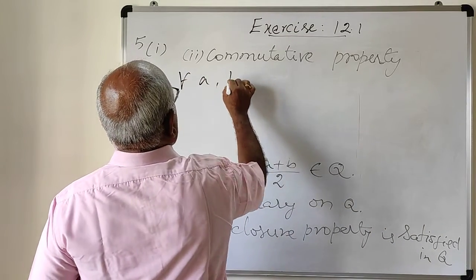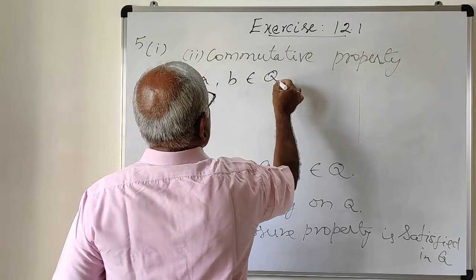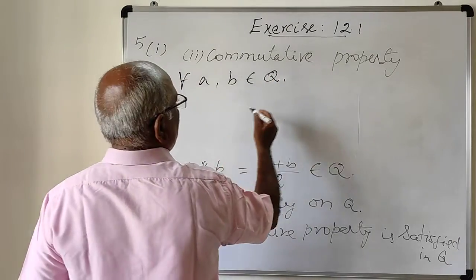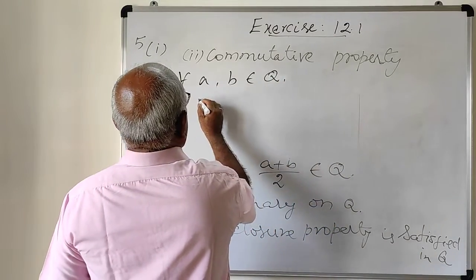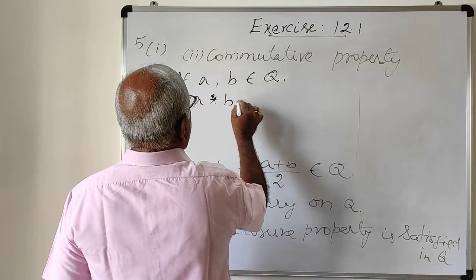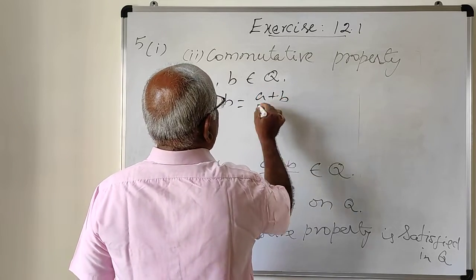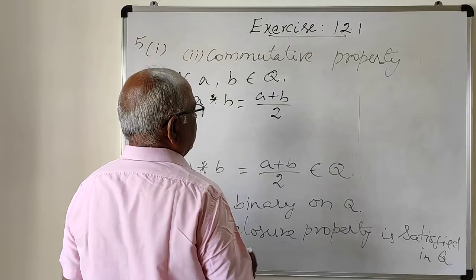For all a, b belongs to the set of rational numbers Q, we know that a star b equals a plus b by 2, the rule given.